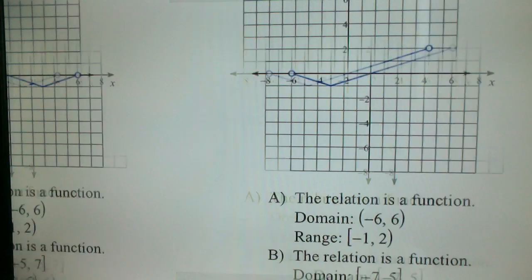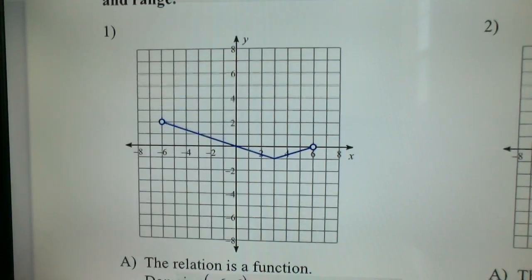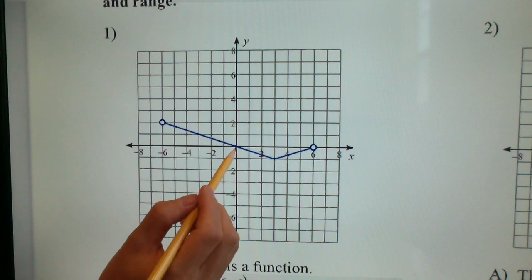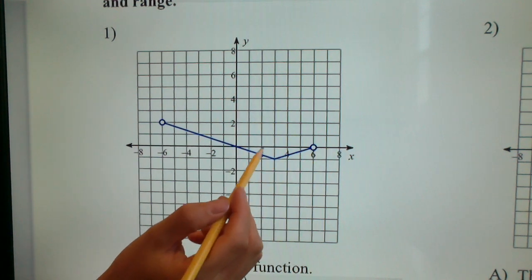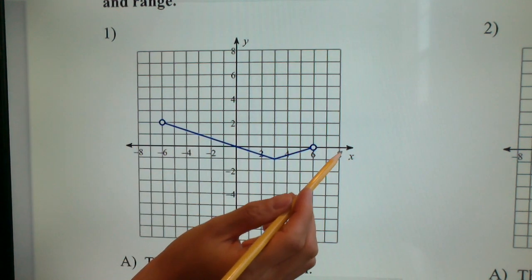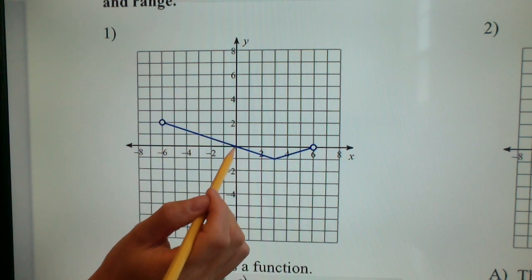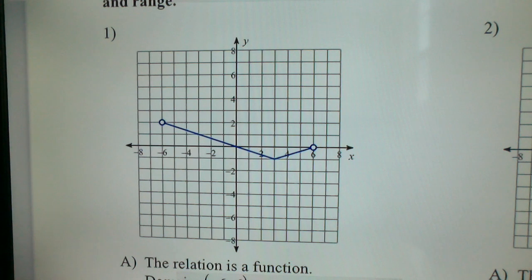So let's go back to graph A. And I asked, what is the x-intercept? The x-intercept is right here when the y is 0. Or just look at the x-axis, this is the point, right? So the answer is 0.